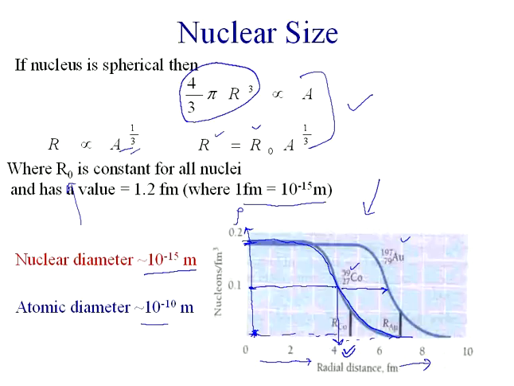So approximately these are the nuclear radii. If one has to determine the nuclear radius using the density profile, then at half of the maximum value, where it cuts, this particular distance on the x-axis is known as the nuclear radius.